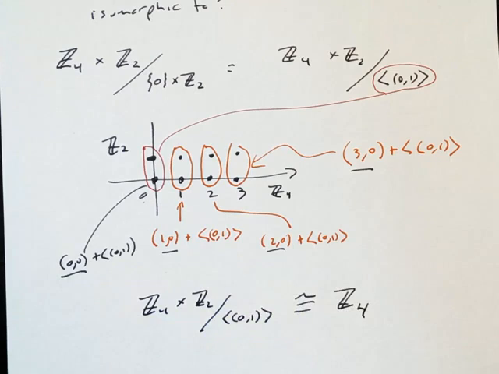I collapsed my fibers into individual elements. And what's more, those individual elements are along the Z4 axis here. They're behaving just like Z4.